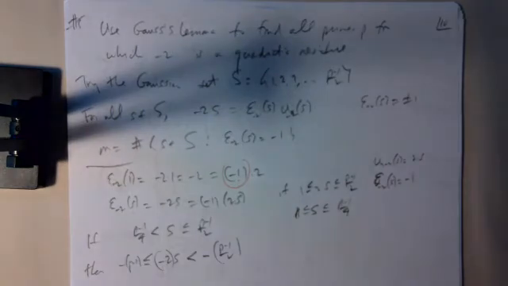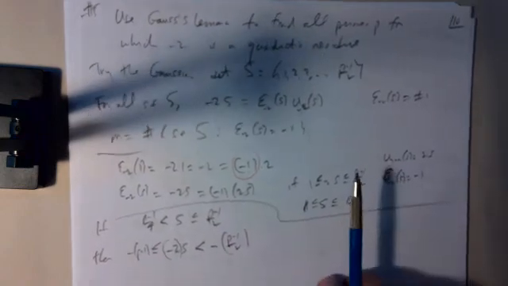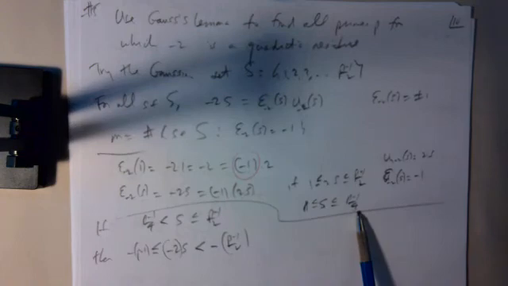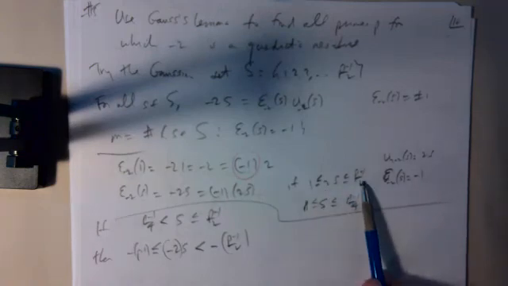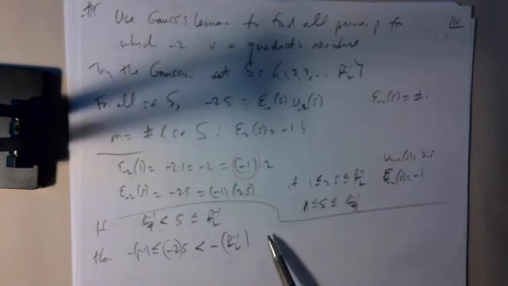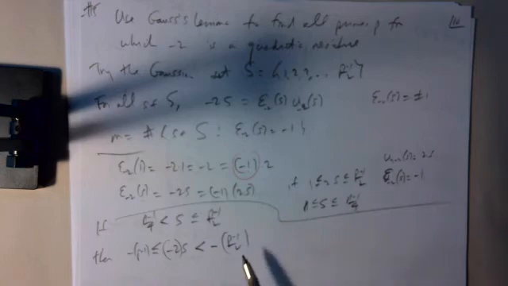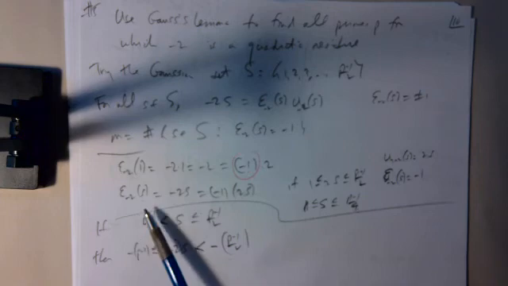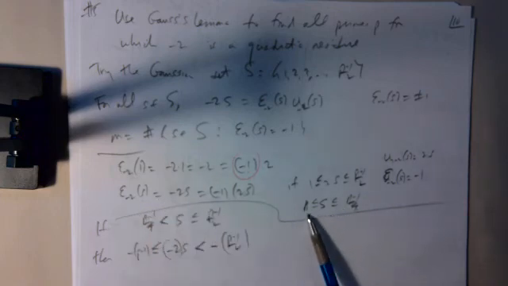So if S is between 1 and (P−1)/4, 2S is between 1 and (P−1)/2, and −2S is between minus this and −1. So it's the negative of one of these. So I'm going to get a −1 for all the S's between 1 and (P−1)/4.